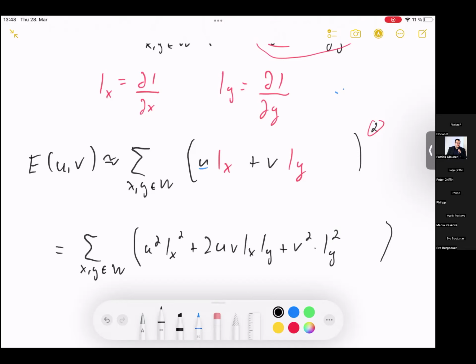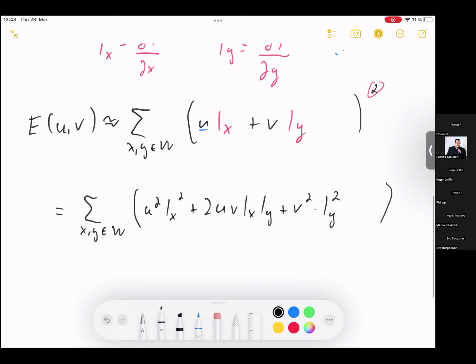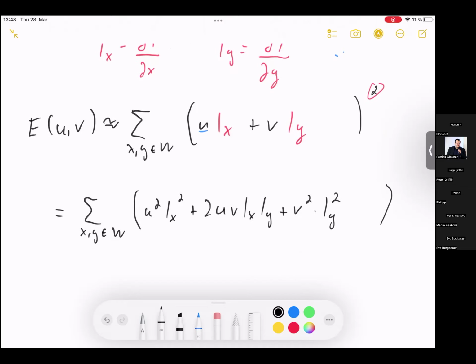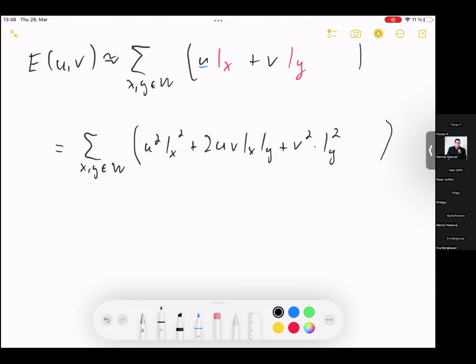Now I have written out this sum, and I can actually simplify this in terms of a matrix decomposition, because this sum is for all the elements in the window. And I can, rather than the sum, write E(u,v) is approximately a row vector (u, v) times a bigger matrix times a column vector (u, v).